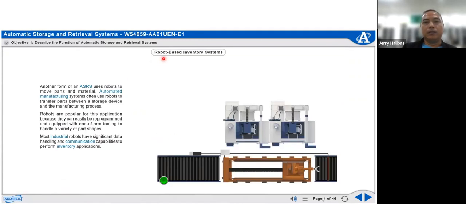Okay, so we go now to a robot-based inventory system. It is like an articulated robot with an additional mechanism that can move in a transverse axis.